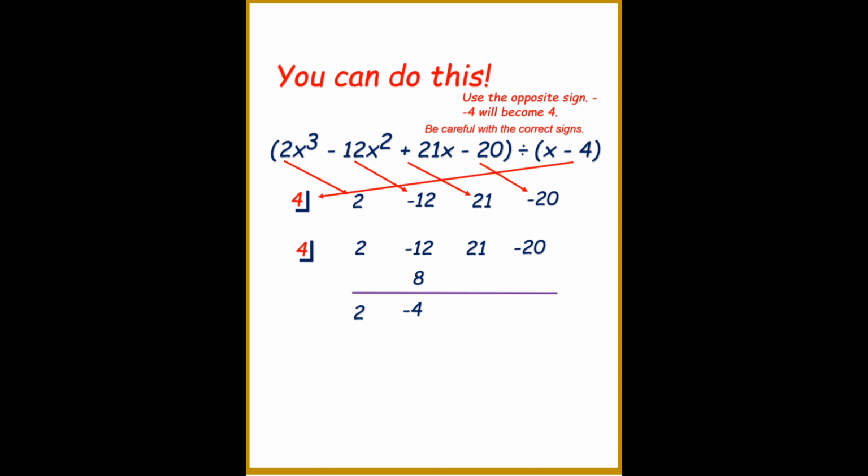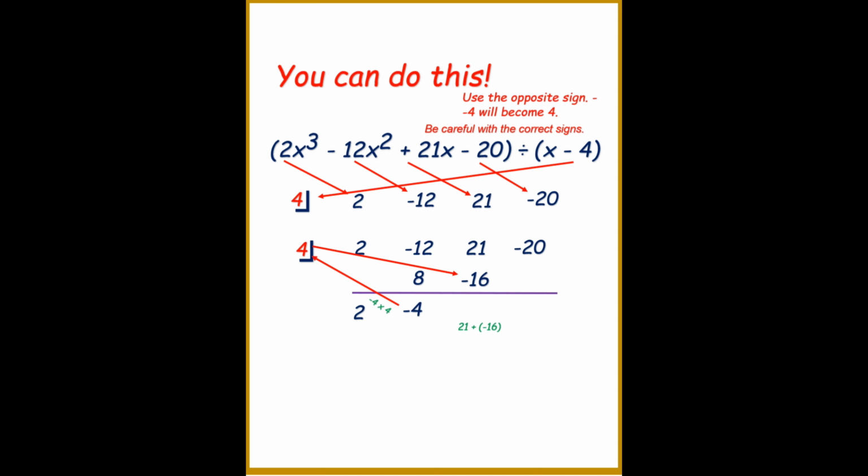And do the same process. -4 multiplied by 4, the answer is -16. 21 plus -16, just subtract and copy the sign of the larger number.